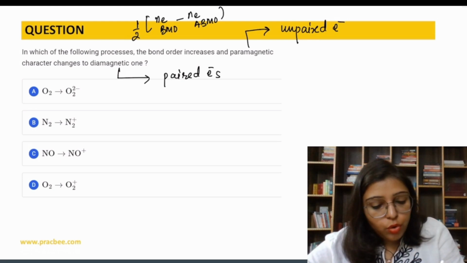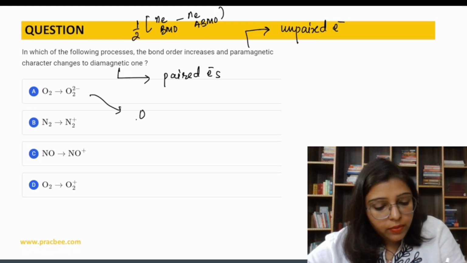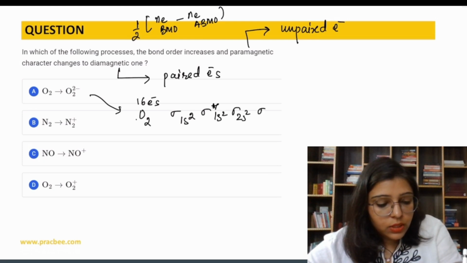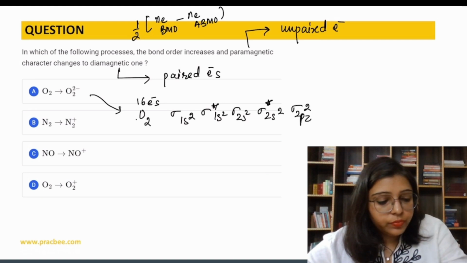So see, we have O2. O2 has 16 electrons. So on writing the electronic configuration, we write sigma 1s2, sigma star 1s2, sigma 2s2, sigma star 2s2. Now we write sigma 2pz2.